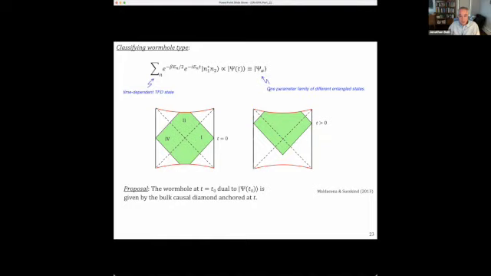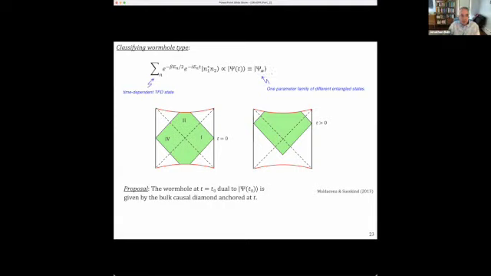Maldacena and Susskind suggested that we can consider the family of entangled states associated with a time-dependent TFD state literally as a one-parameter family of different entangled states, parameterized by some alpha, as opposed to just a single entangled state that evolves in time. So that's their proposal for interpreting a time-dependent thermal field double state: a family of different entangled states.